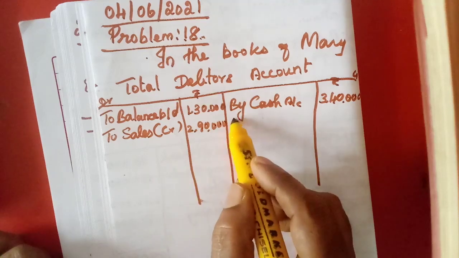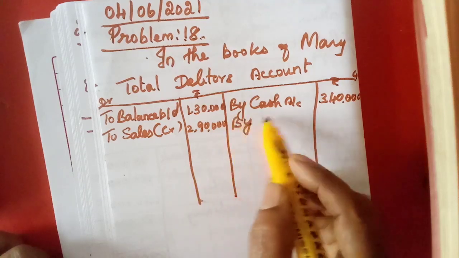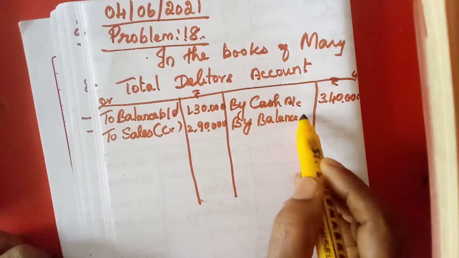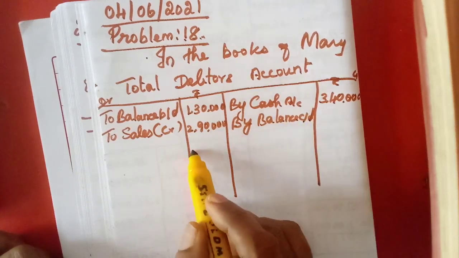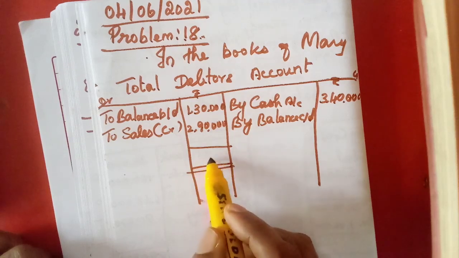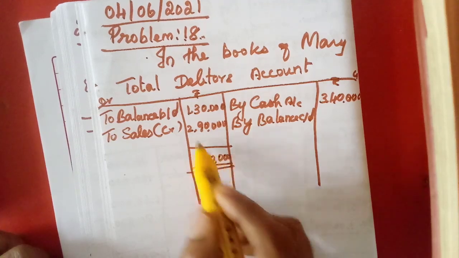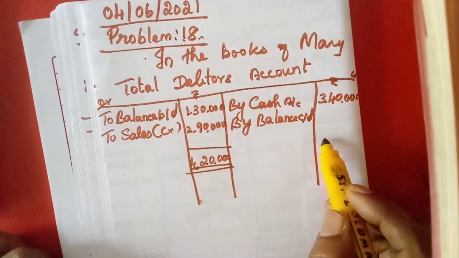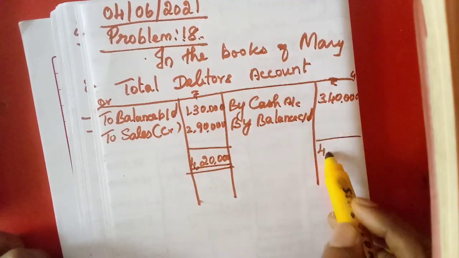Now we will find out another thing. Now by balance carry down. Add and find out. 2 plus 1, 3, balance 1, 3 plus 1, 4. 4,20,000.